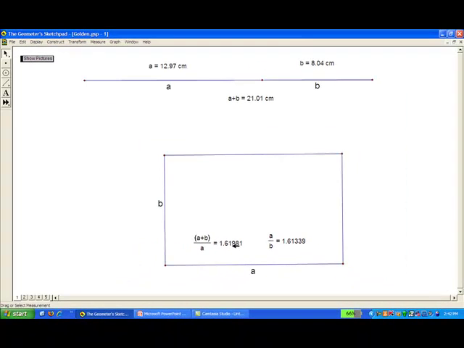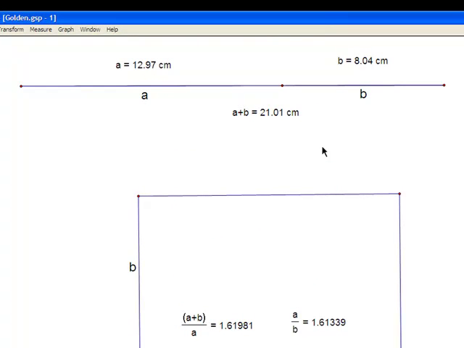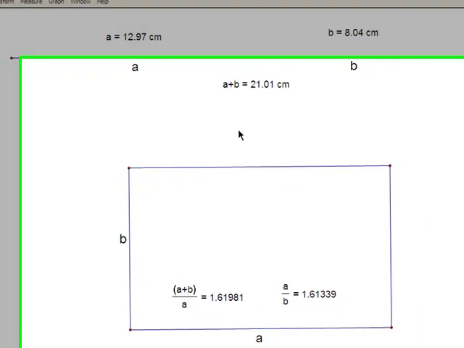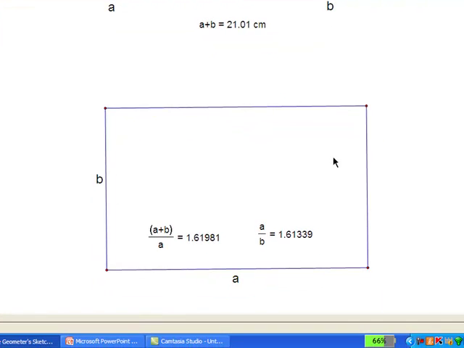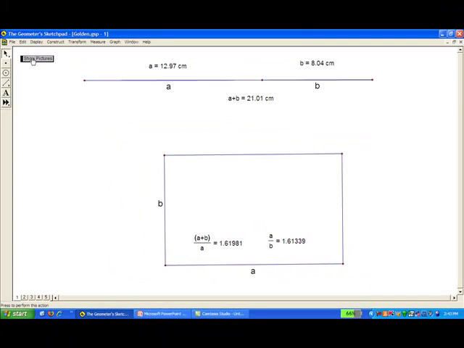This ratio is approximately 1.61 to 1 and is called the golden ratio. Now, this segment up here is called the golden segment, and this is the golden rectangle.